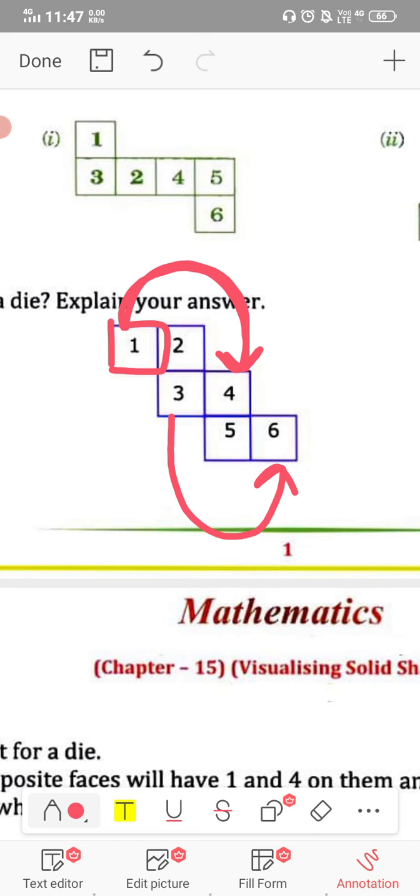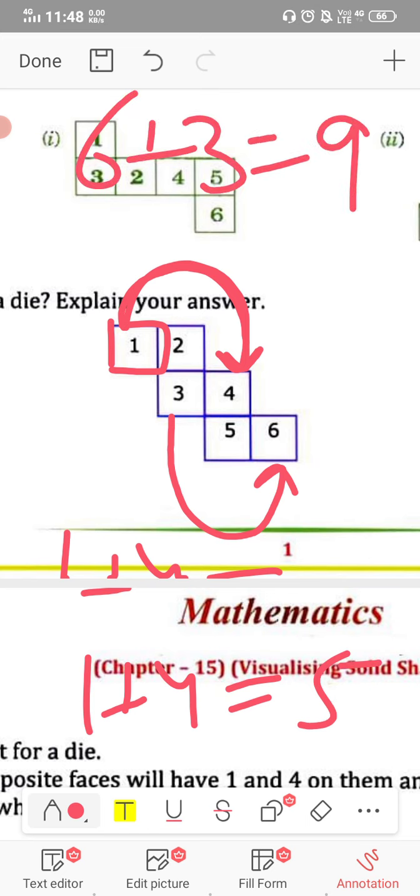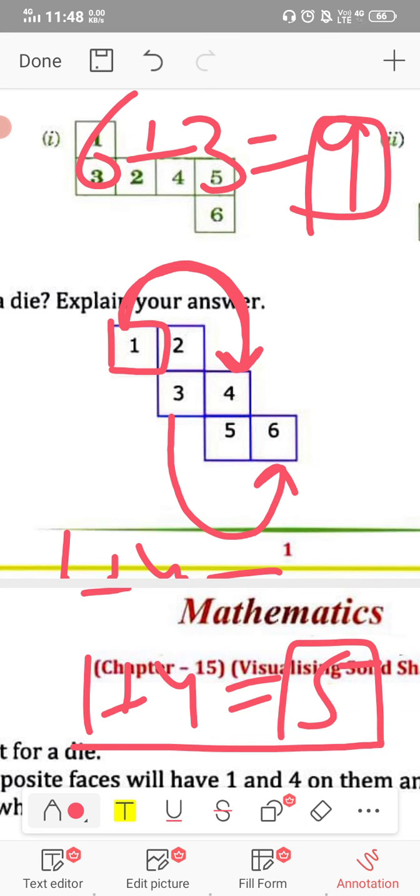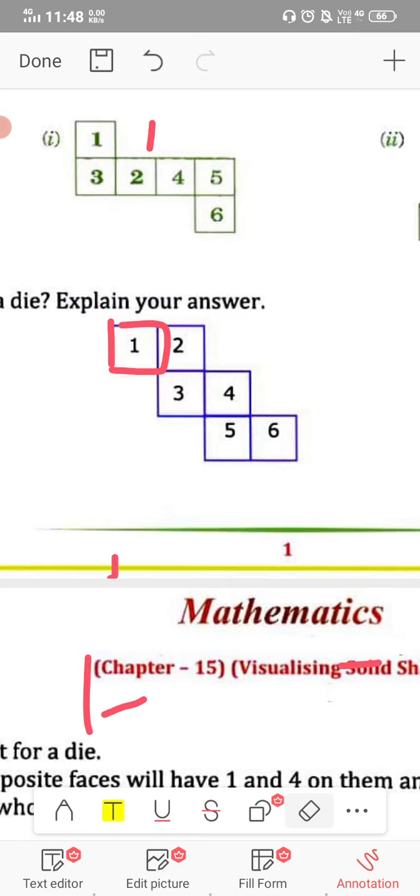So when we add them, 1 plus 4 will give you 5, and 6 plus 3 will give you 9. So we can see that this is giving 5 and this is giving 9, but we know that the numbers on opposite sides of a cube must total 7, but here they are 5 and 9.